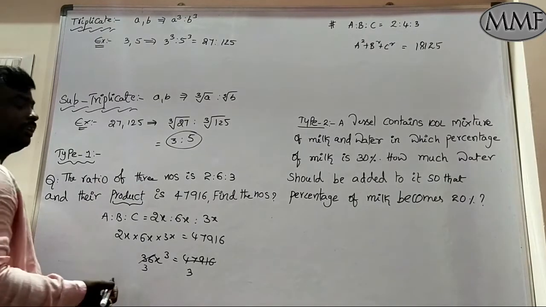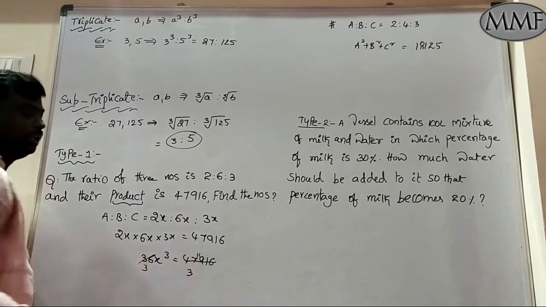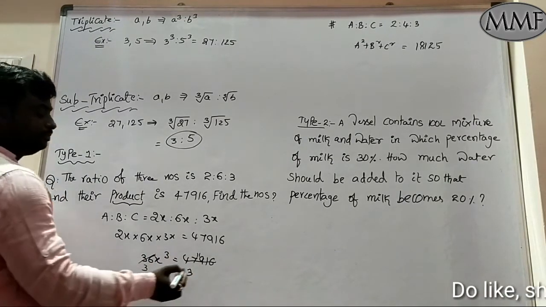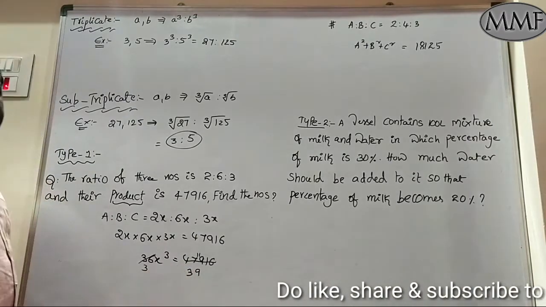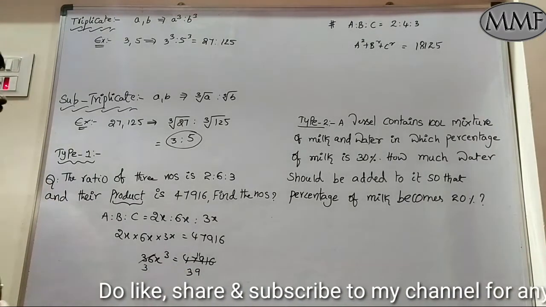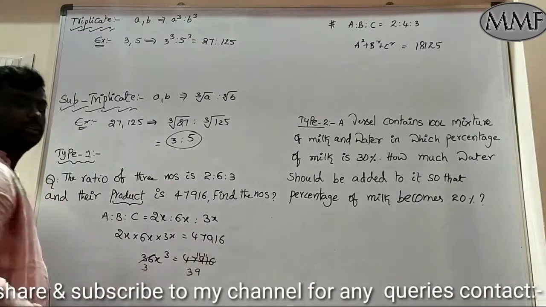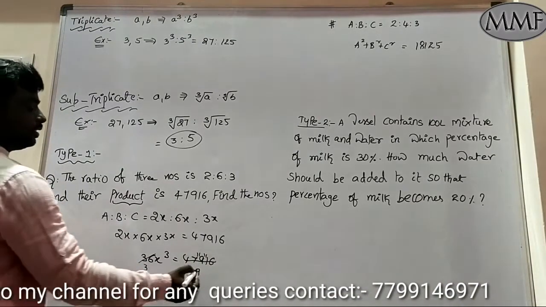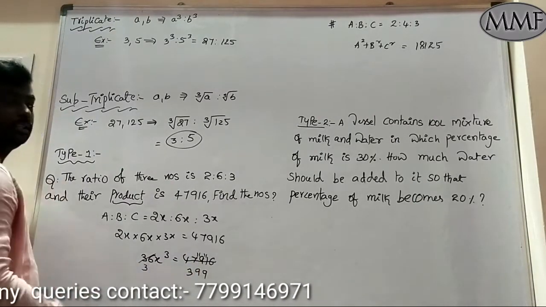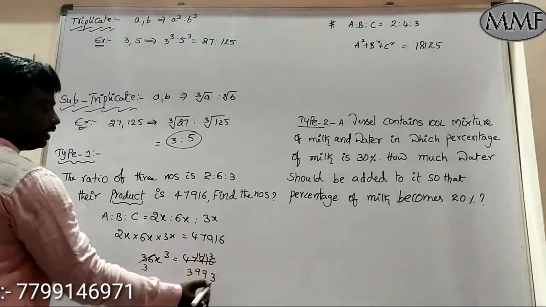Then remember 11. Again 12 nines, 108. Again remember 11. Again 12 nines. Again 3, 12 threes. Clear or not?